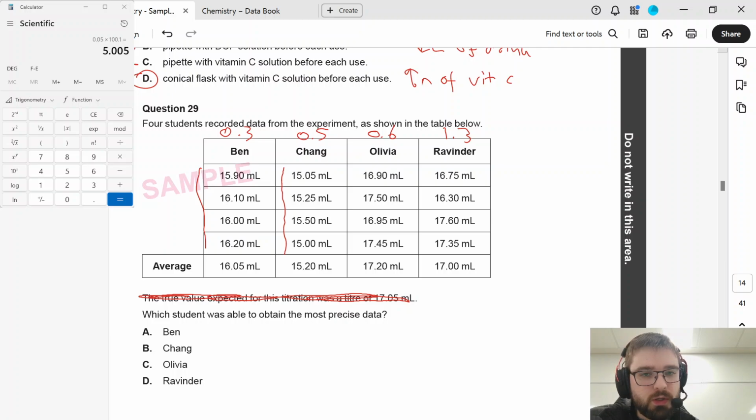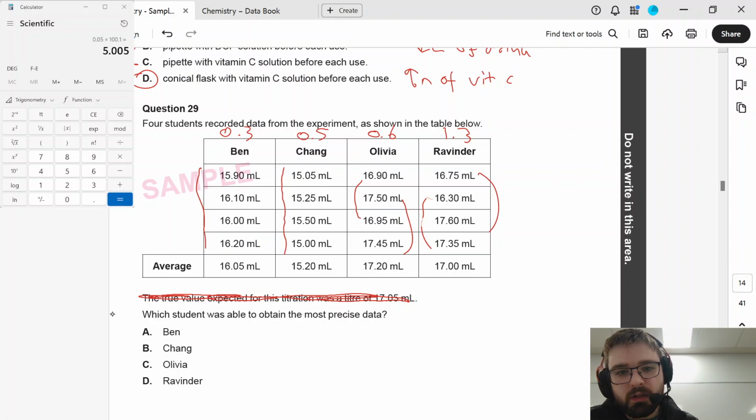Now, what we could do is have a look at them and see if there's one where removing an outlier fixes the problem. Olivia has 2 pairs that are similar, so that's not great. Ravinder's, I'm probably butchering that name, has 2 that are similar. Oh, sorry, no, his titration really sucks.